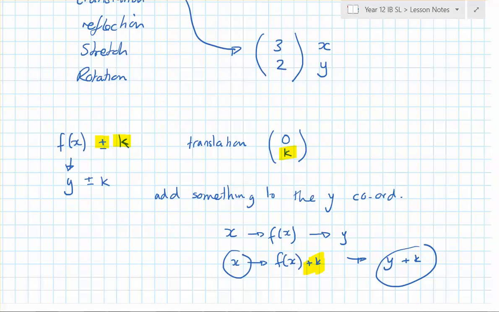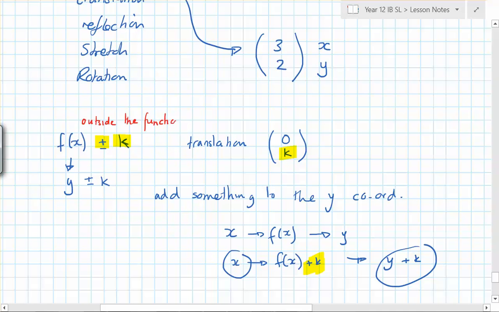If it's minus k, it will move down. And I said that because the graph of a function is the relationship between the x and the y coordinates. So we've done it where you put x into a function and that gives you y. If you then add a value onto the y, the function doesn't actually have any impact on that final value. The adding k doesn't impact the function and the relationship. So one thing to add here is we are working outside the function.